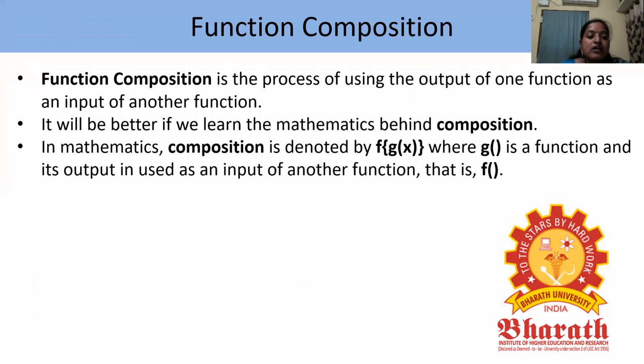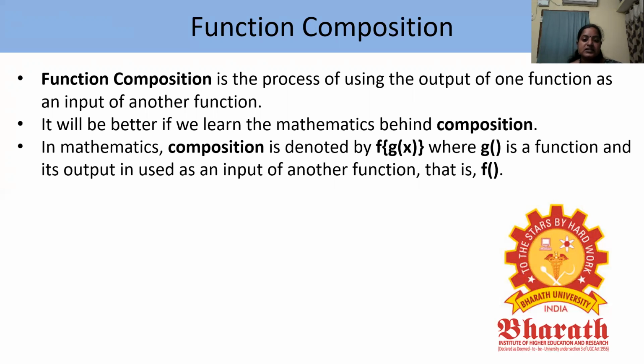And then function composition. Function composition is the process of using the output of one function as the input of another function. It will be better if we learn the mathematics behind composition.